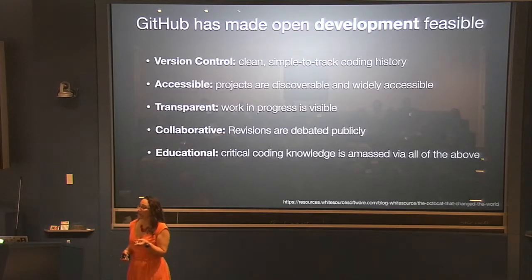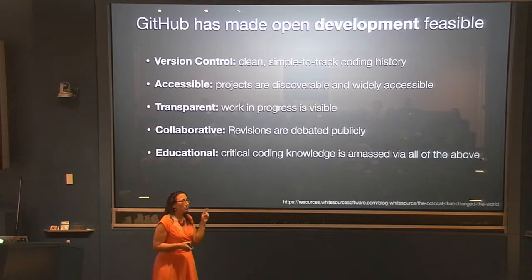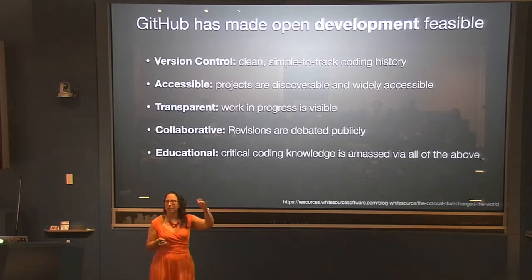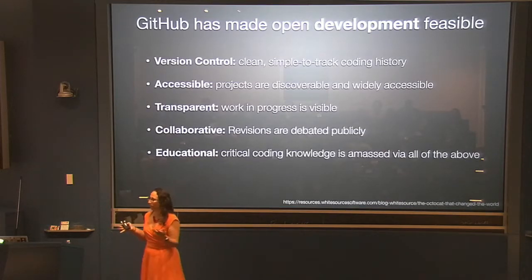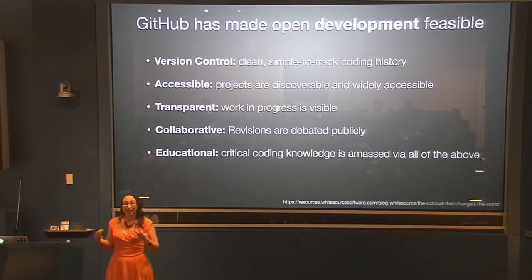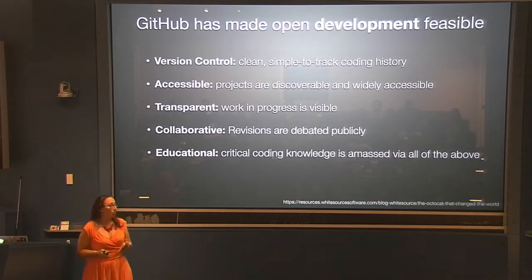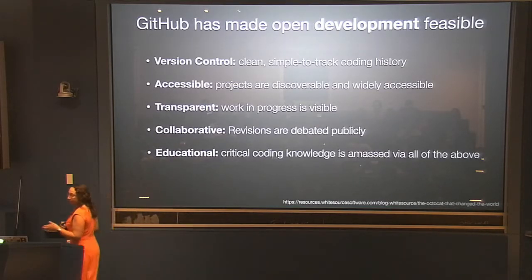Not only can I look at the code, I can also see what really experienced programmers think about the code. They suggested to someone else that they should use this method instead of that method. Now I know that method exists, and you can see all the explanation. So it makes learning how to code much more accessible as well.